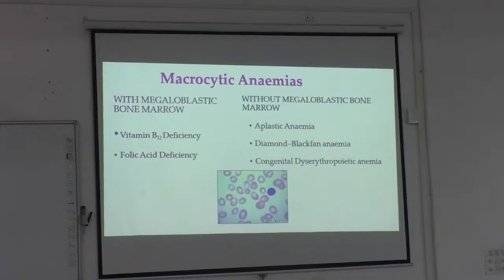Without megaloblastic picture in the bone marrow, you get these conditions: aplastic anemia, Diamond-Blackfan syndrome, congenital dyserythropoietic anemia. Because in newborn, MCV is always more than 100. They are macrocytic normally. Gradually, MCV goes down, down, down like this, whereas MCHC remains static. That is the history of different investigations.